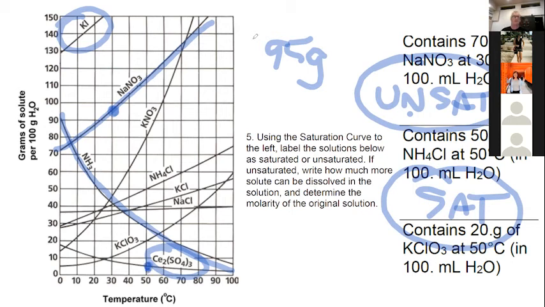So the maximum amount of cesium sulfate you could add at 50 degrees would be 5 grams per 100 mils. And so that would be saturated then, totally. In fact, you would have 15 grams of salt on the bottom. So 5 of it would go into solution and 15 of it wouldn't. In fact, that gives me an idea for a really good exam question.